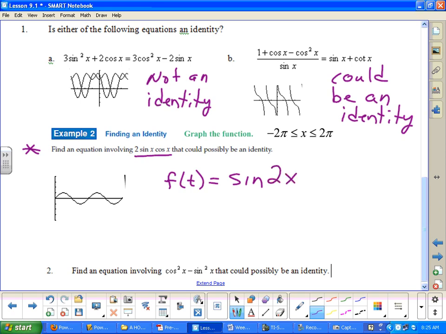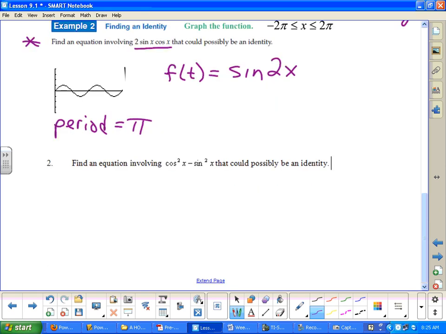Okay. Sine of 2x, because sine repeats itself twice. Right? So our value of b is 2 because this has a period then of pi. So see if you can determine.